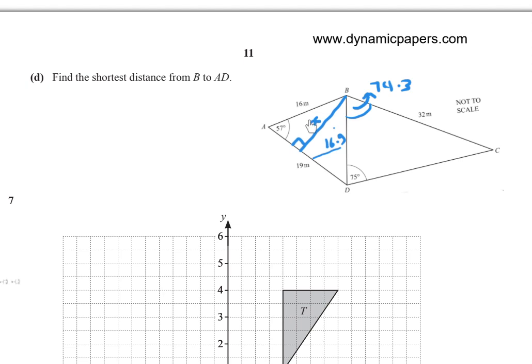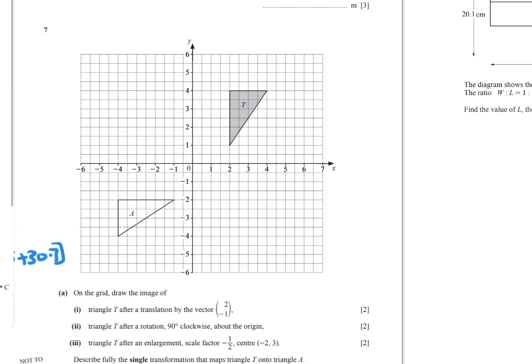Then we can find x using sine, because we have the hypotenuse and need to find the opposite. So sine 57 equals x over 16. So x equals 16 sine 57, which equals 13.4 centimeter.